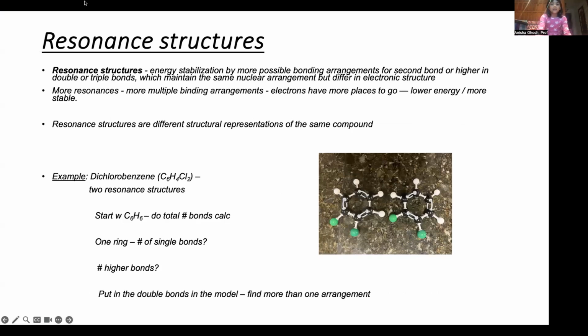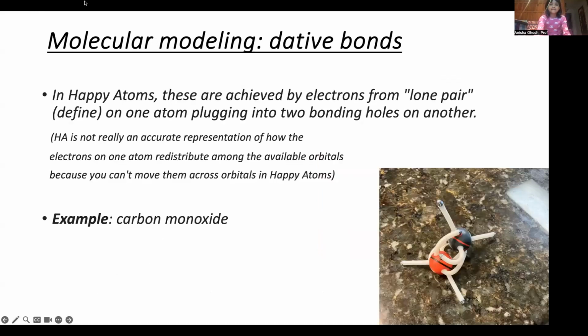We also showed ourselves some 3D representations using molecular modeling sets and kits. Then after that, we moved on to some more advanced types of bonding, such as coordinate or dative bonds.